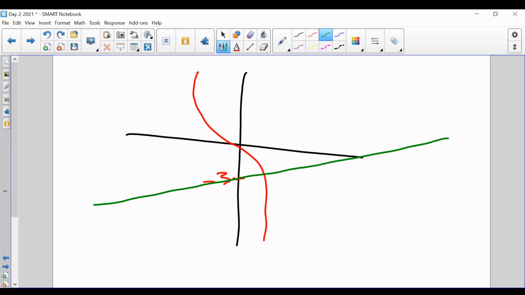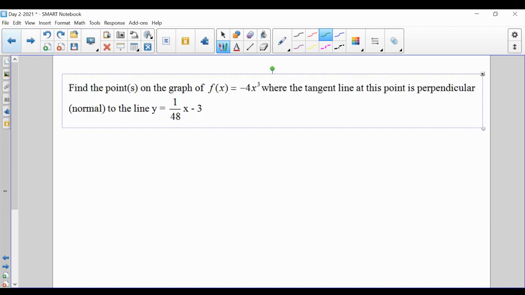Okay. So let me just be clear, we're not asking for where this line intersects with the function. That's a different kind of question. We're saying, let me go back and show you, where the tangent line at this point is perpendicular to the normal of this line.